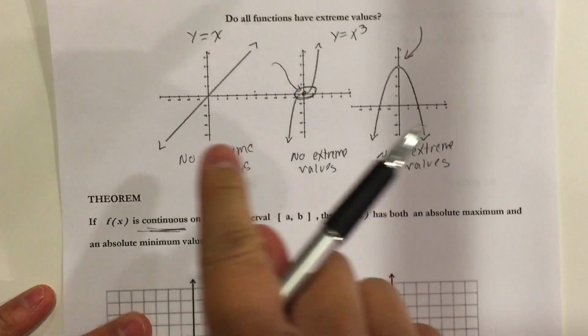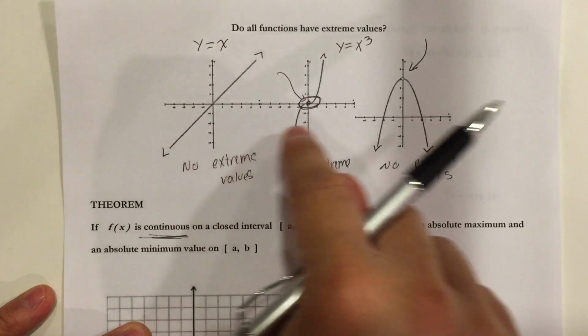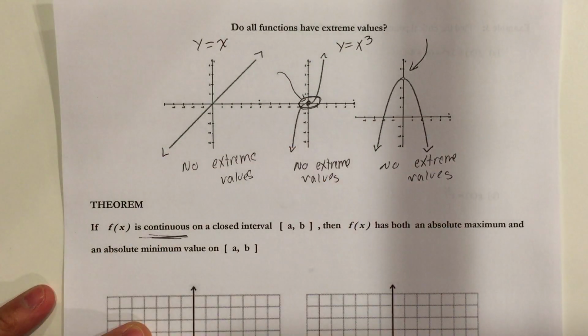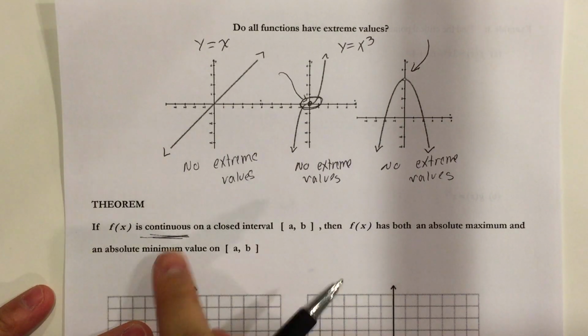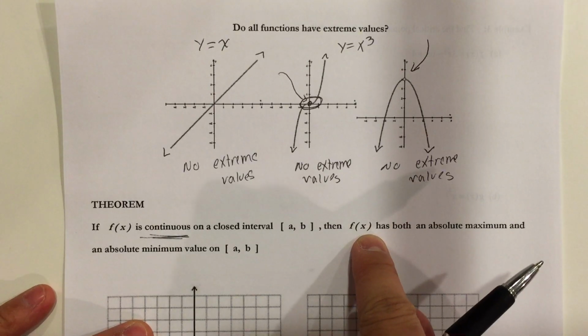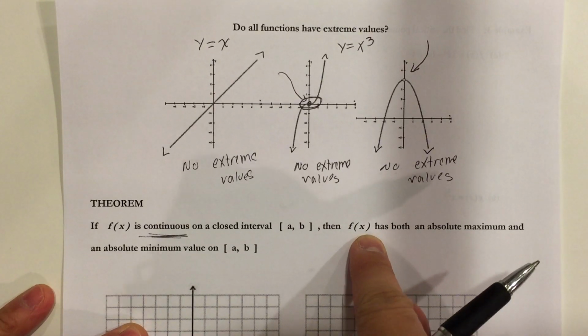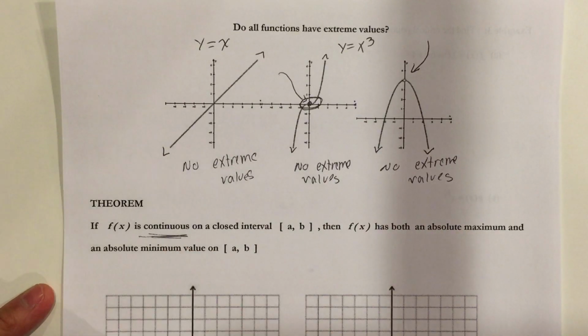Well, it means that the domain can't be all real numbers. The domain can't be all real numbers, okay? So this theorem tells us that if a function is continuous on a closed interval, then it is guaranteed, guys, to have both an absolute maximum and an absolute minimum value on A and B. Period.